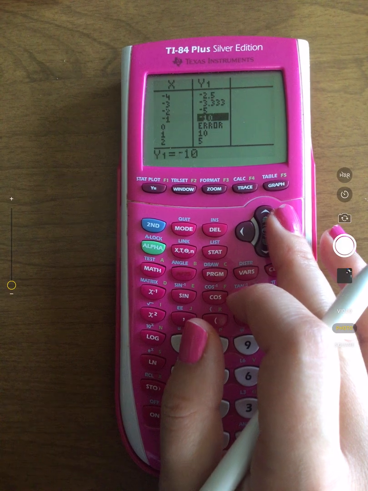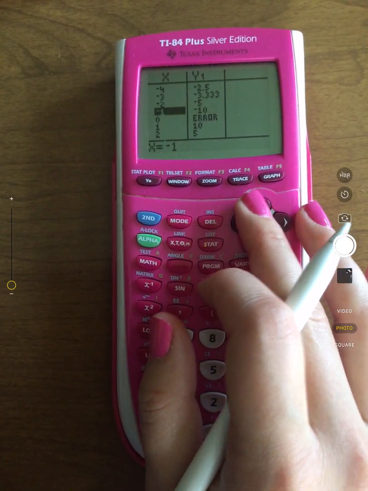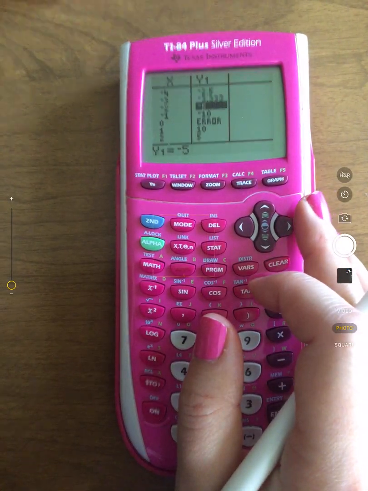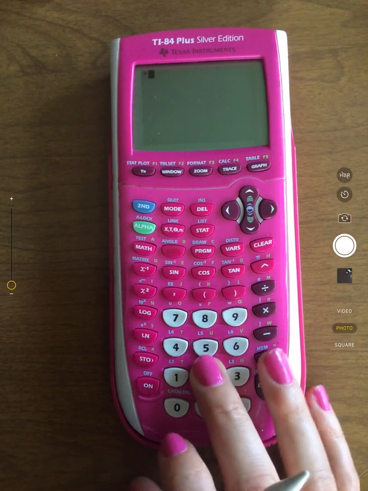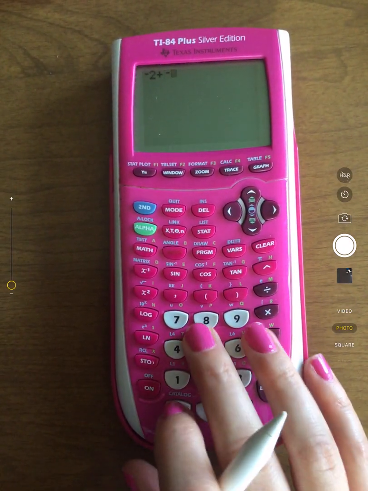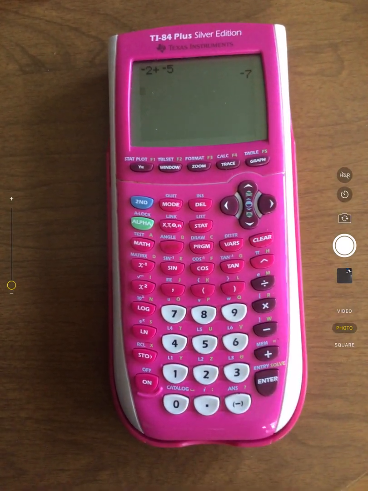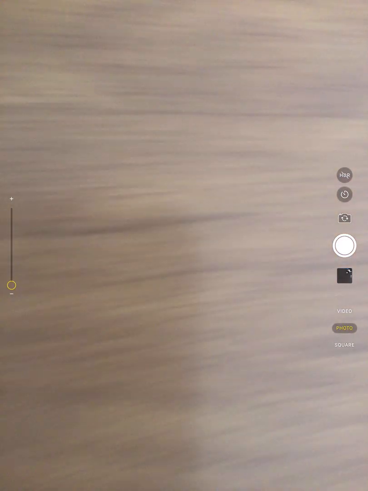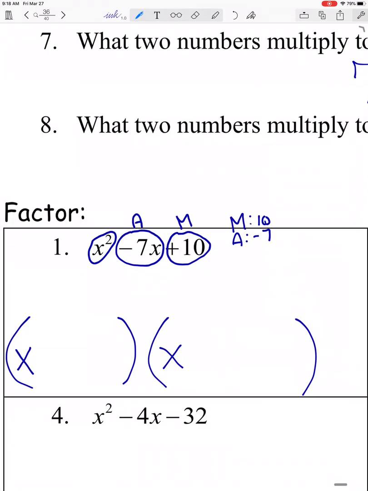Negative 1 plus negative 10, that's not going to give me negative 7. Negative 2 plus negative 5, let's check it. Negative 2 plus negative 5 gives me negative 7. So those are my 2 numbers that multiply to 10 and add to negative 7: negative 2 and negative 5.